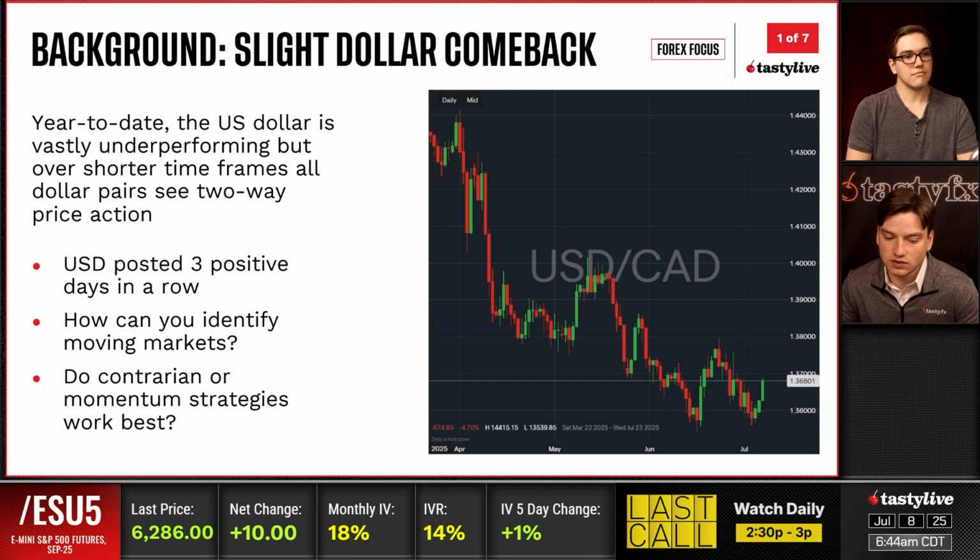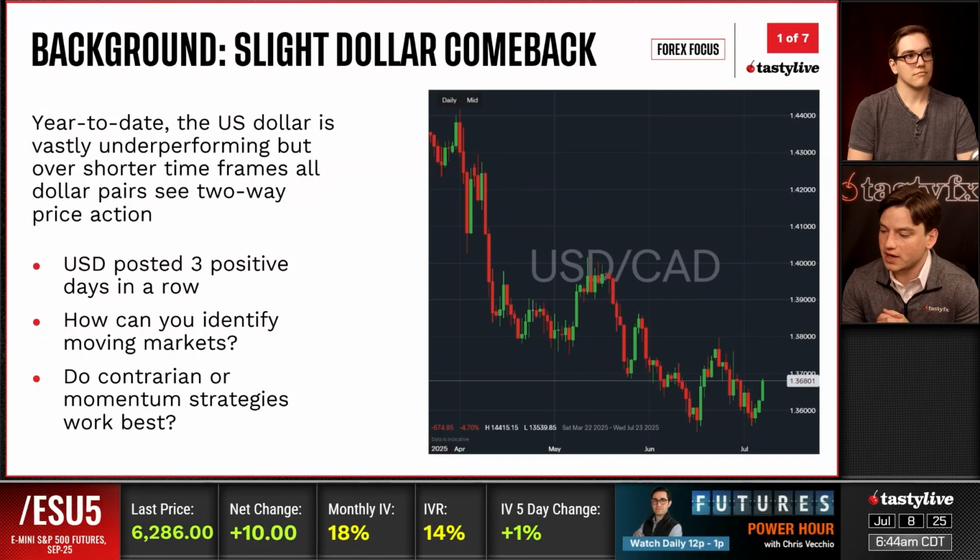And when do contrarian or momentum strategies work best? Like if you see this 3-day up move, over historical examples, would trying to fade that move work better than trying to capitalize on perhaps a trend of further dollar strength?